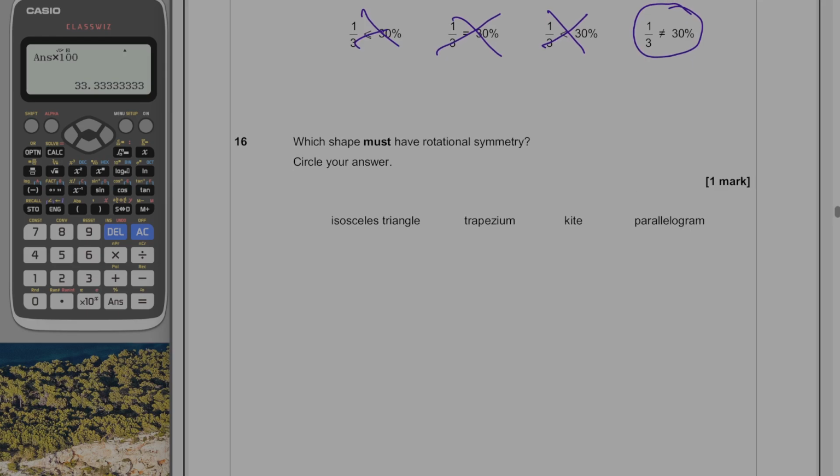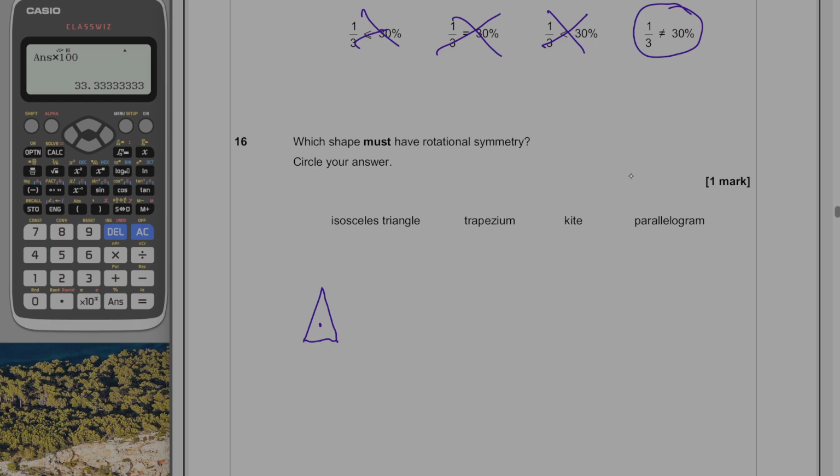Question 16. Which shape must have rotational symmetry? Circle your correct answer. Okay, so I'm not a big fan of this question. I know the answer that it's after, but I will often say that all shapes will have rotational symmetry of at least order 1. Because if I looked at an isosceles triangle, for example, and spun it around a center point, it would overlap itself once when you spin it 360 degrees.